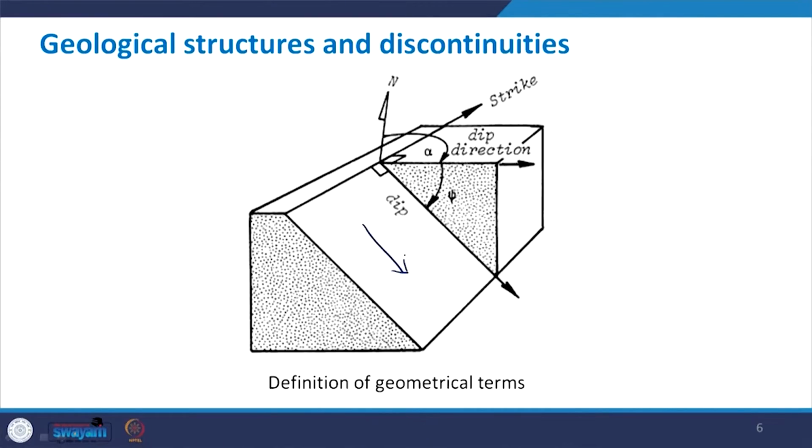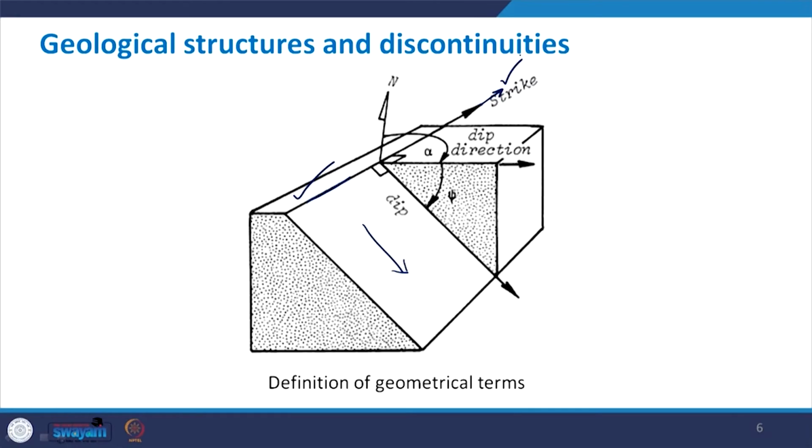Once again, try to understand all these three terms. This is the plane which is dipping in this direction. This plane, and this is the horizontal reference plane. Wherever they intersect, this is the strike direction, strike.